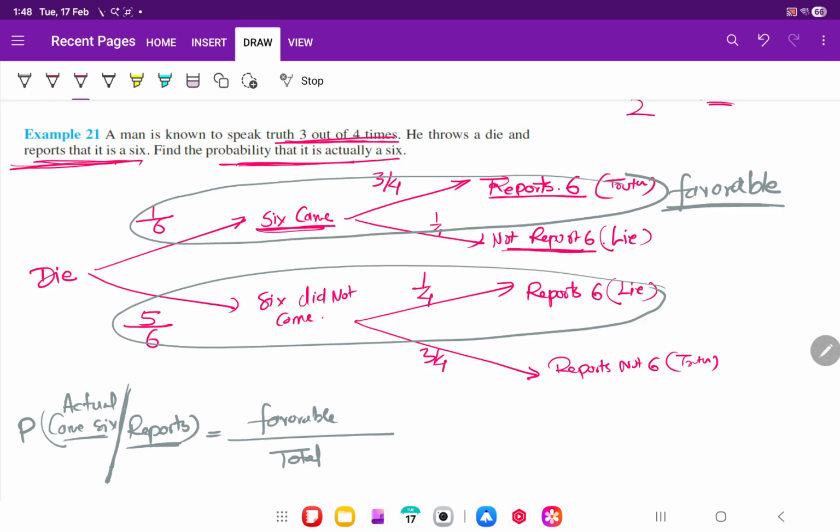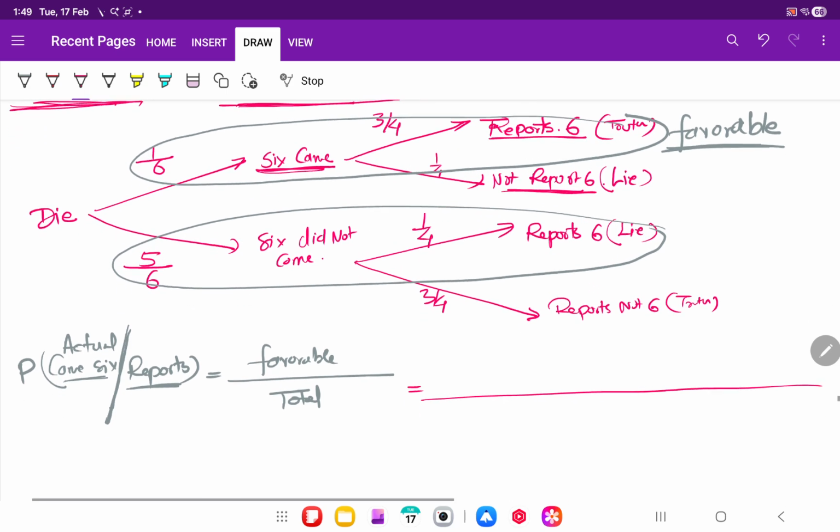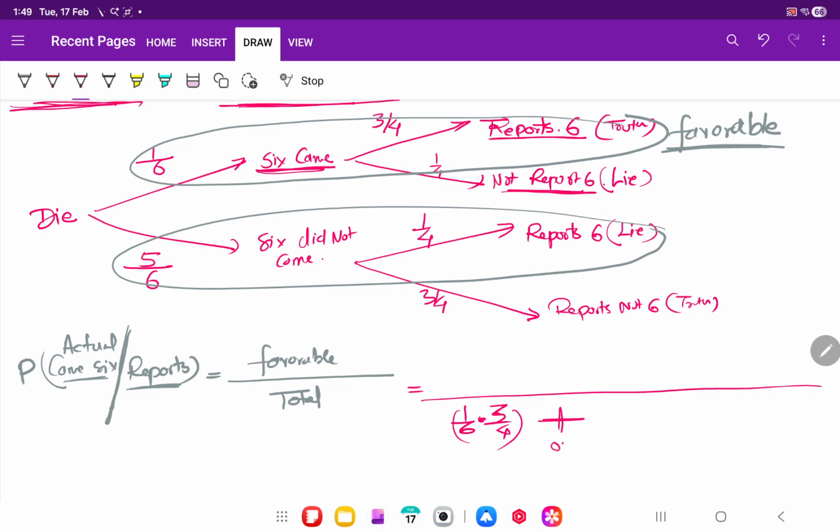So let's see. How much is the total possibility? Total possibility is that 6 came and he is reporting. Correct? And means into. Or means plus. In 'or' we always take plus. Or 6 did not come and he reports 6. Correct? It did not come and he reports 6.